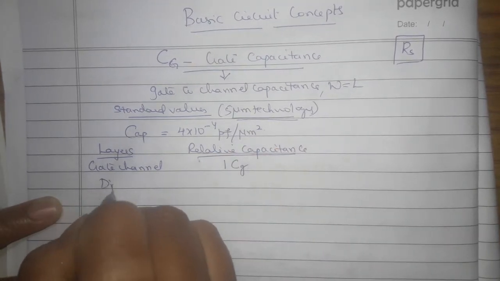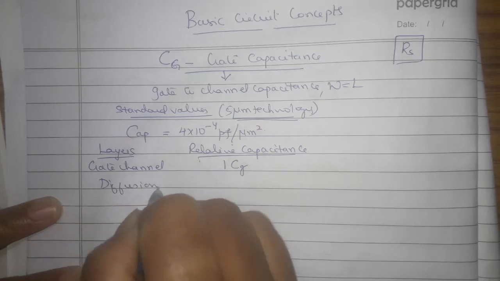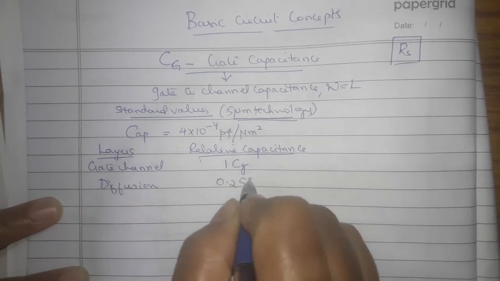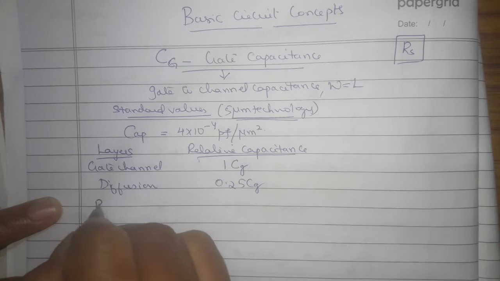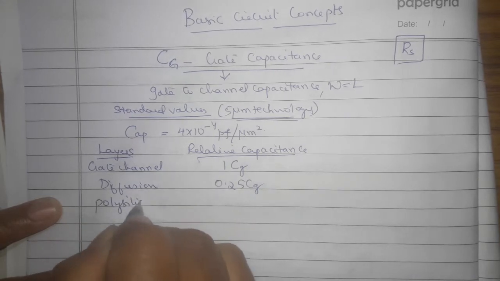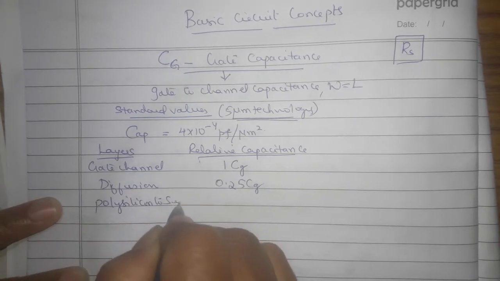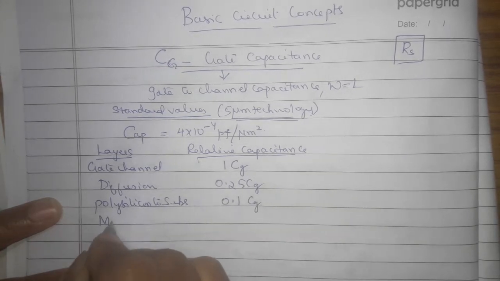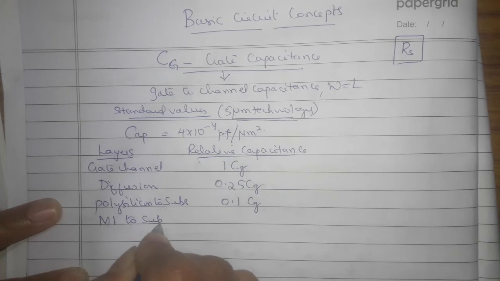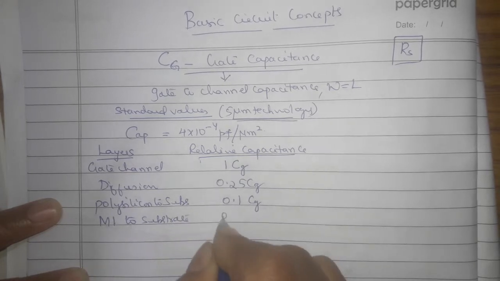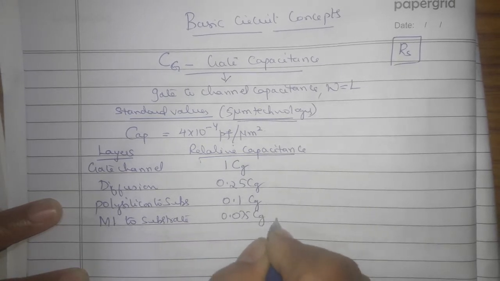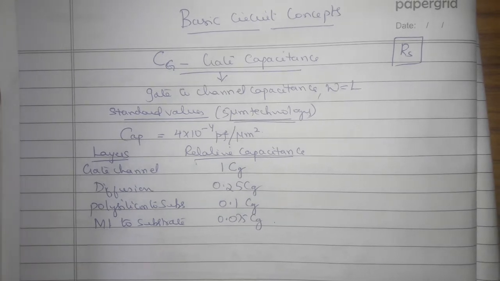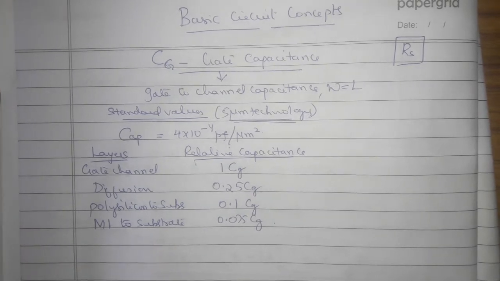Gate channel is 1 Cg. Diffusion is 0.25 Cg. Polysilicon to substrate is 0.1 Cg, and metal 1 to substrate is 0.075 Cg. These are standard values. You need to remember all these values.